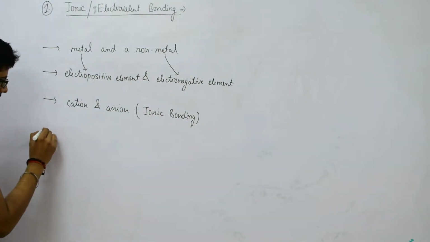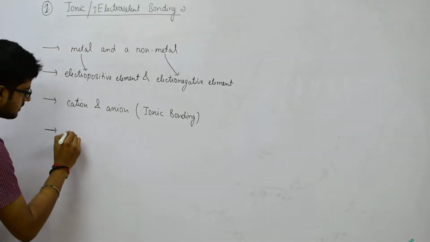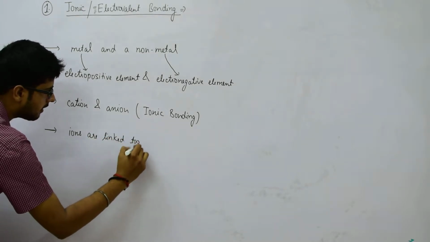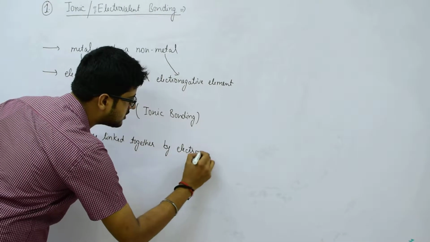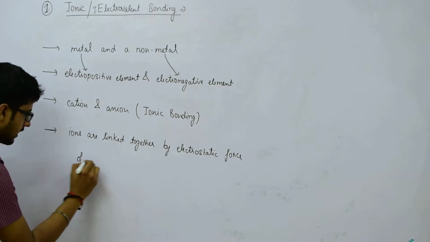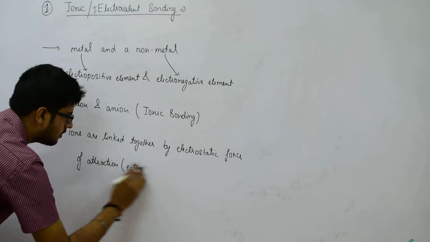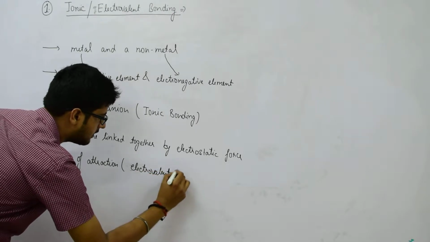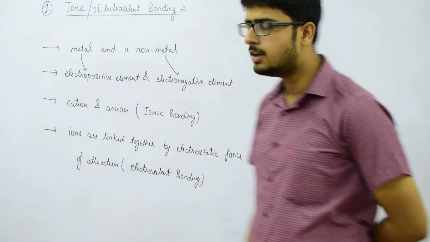Fourth point, it is called electrovalent bonding because the ions are linked together by electrostatic force of attraction, and just because of this it is called electrovalent bonding.